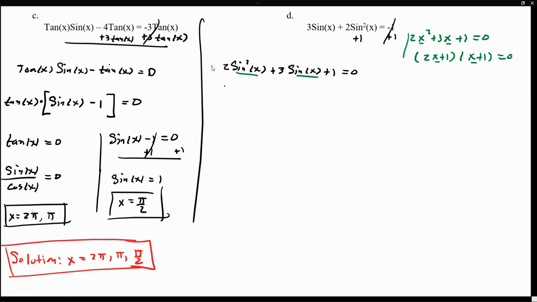So perhaps, coming back to the problem that we wanted to solve initially, I can factor the same expression, but instead of writing in terms of x, I can just write in terms of sine. So I can factor this expression as just 2 sine of x plus 1 as my first term times sine of x plus 1 as my second term. And now that I have two terms and they're multiplying and they're equal to 0, I can just solve for each one individually.